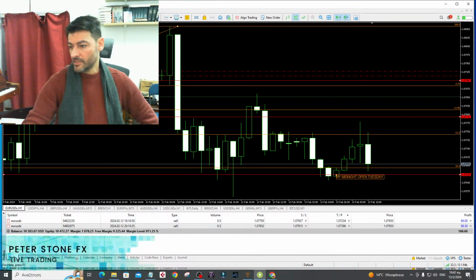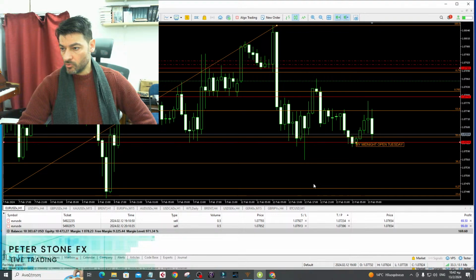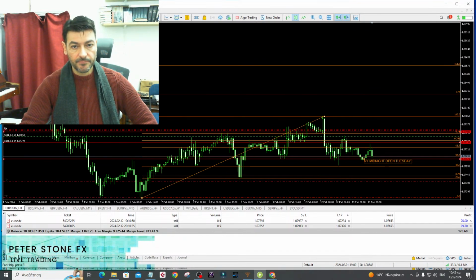So we have a small retracement from the 50%. This whole thing is bearish. Let's go and watch the traders' sentiment, which will be interesting for the euro.